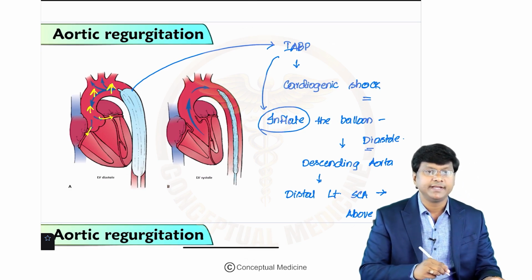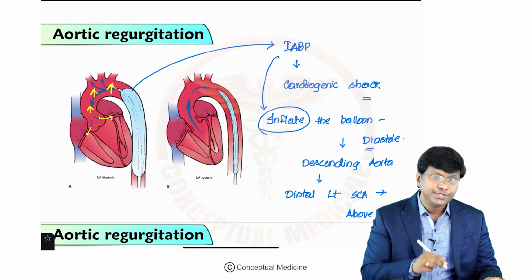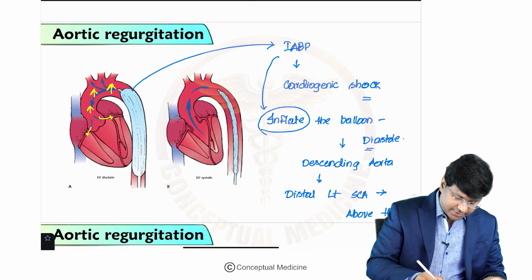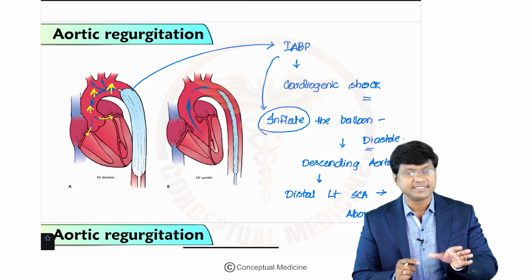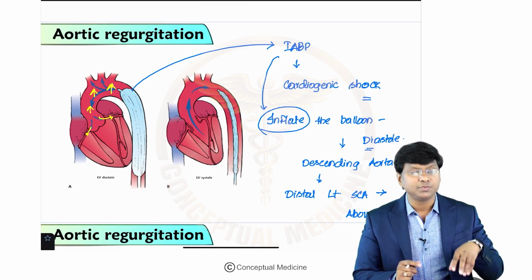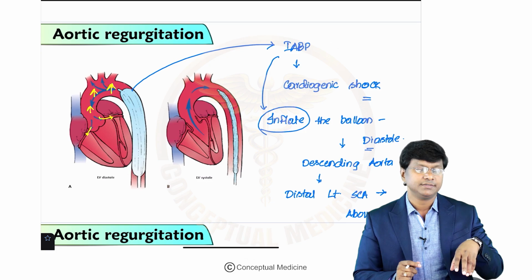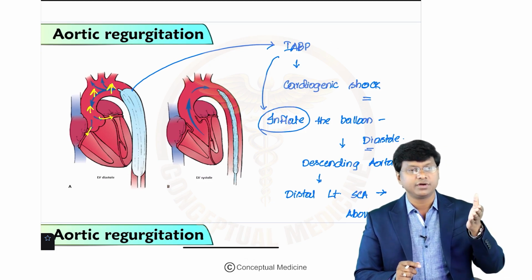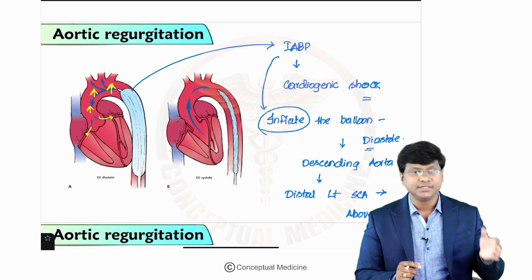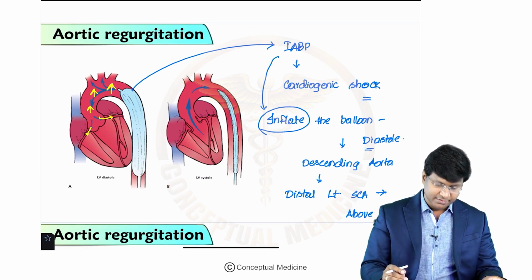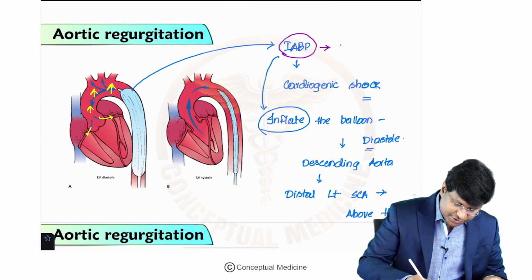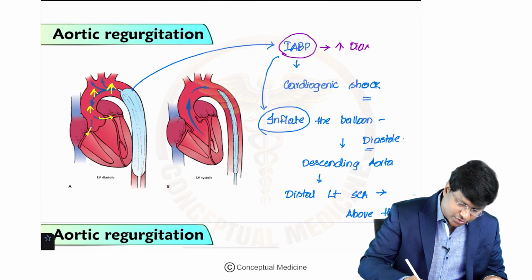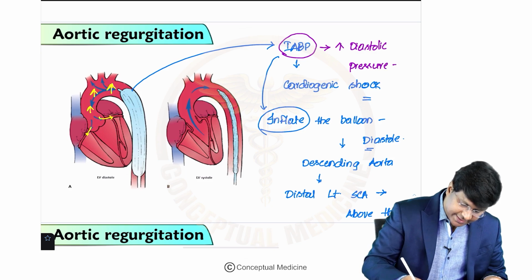Actually, our entire body will receive the blood during systole, but the heart will receive the blood during diastole, and thereby the coronary perfusion increases. So that is what will happen with the usage of IABP. That means IABP is increasing the diastolic pressure in the aorta.